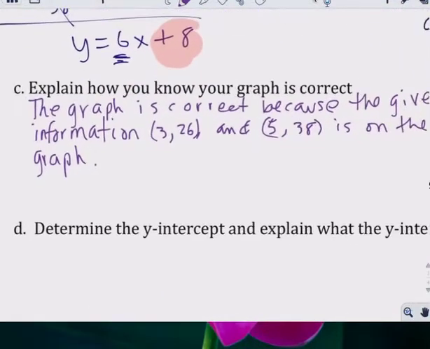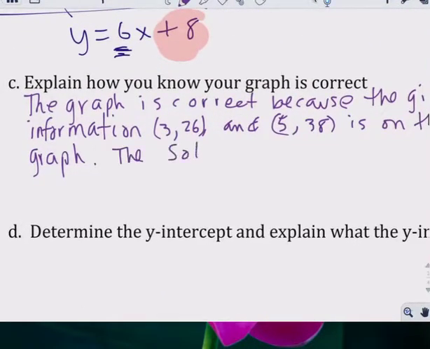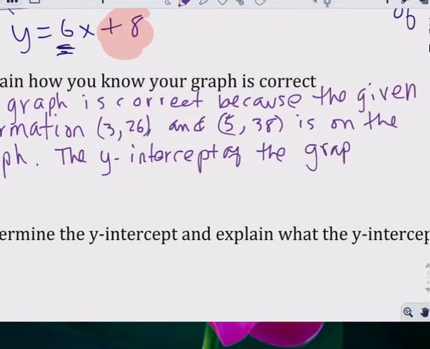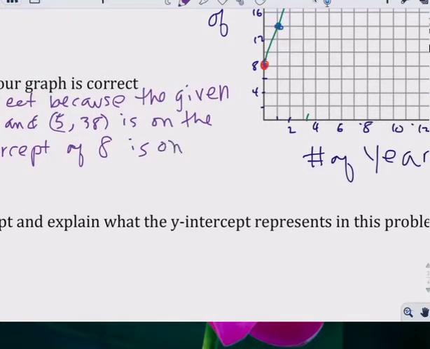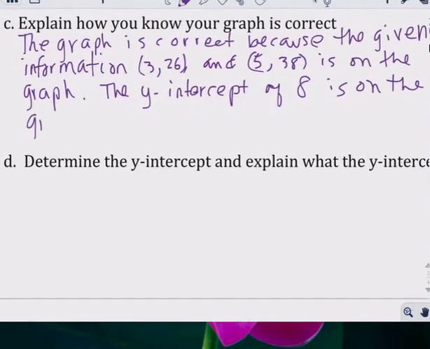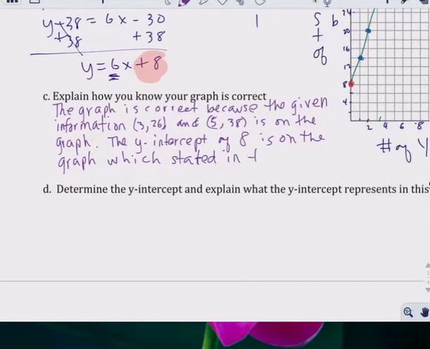In addition, the y-intercept of 8 is right there on the graph, which is stated in the linear equation.